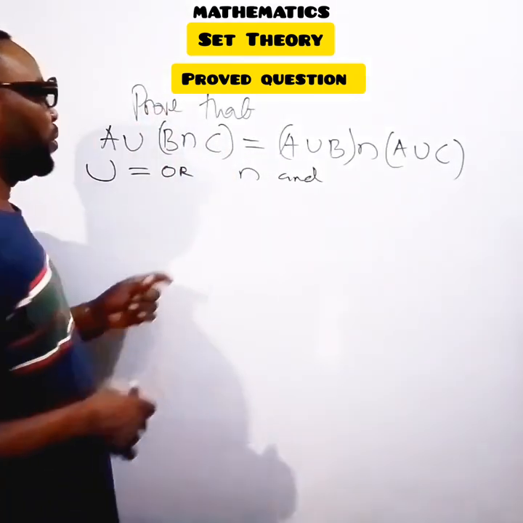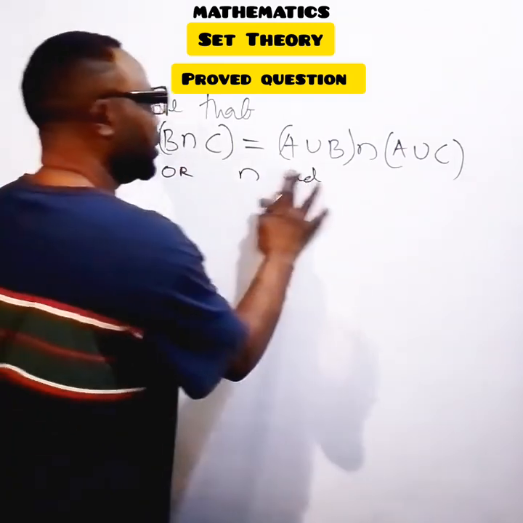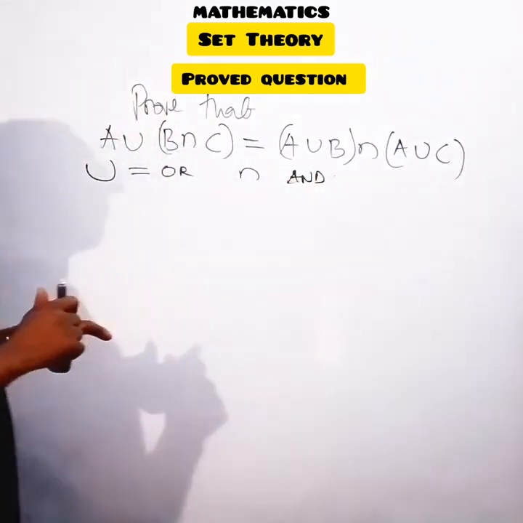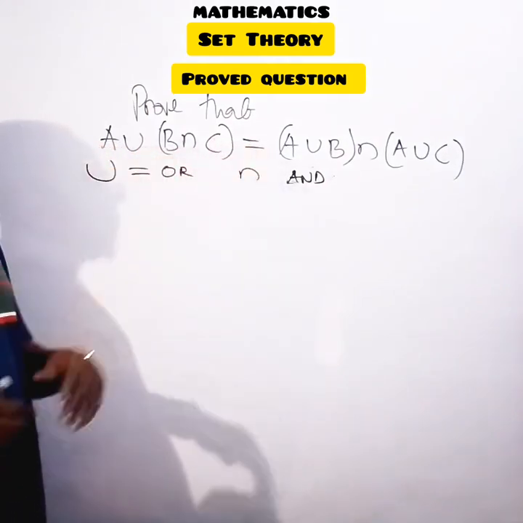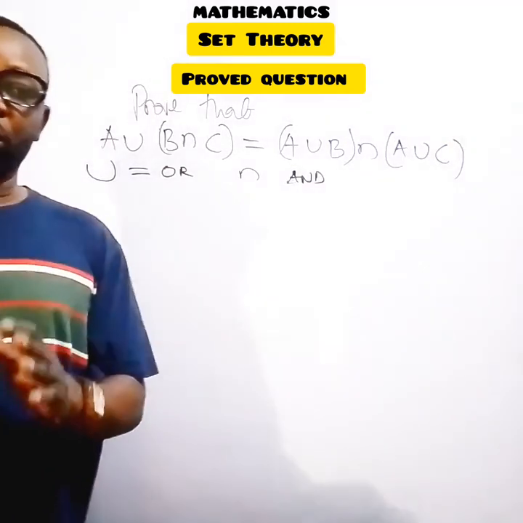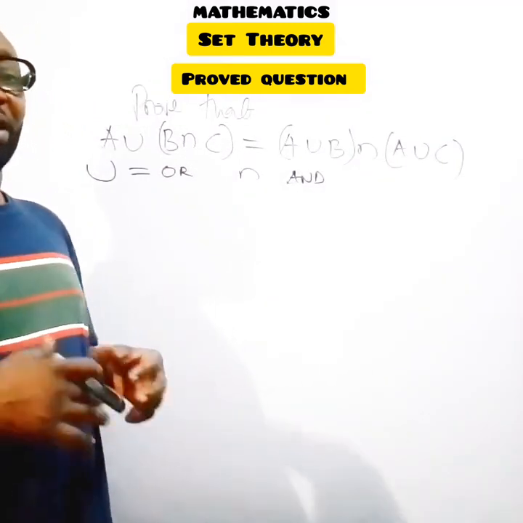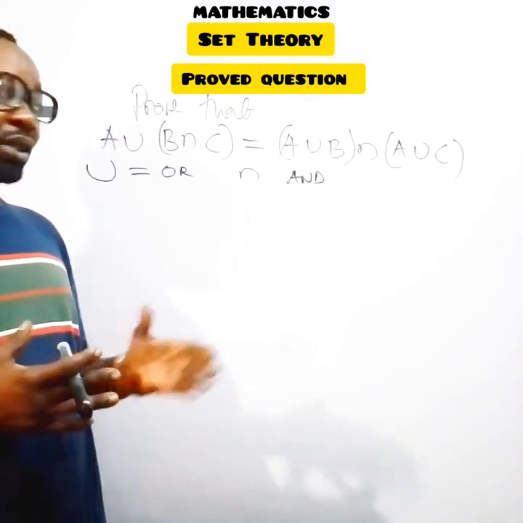Now, we want to start the proof of this expression. We can bring a particular value and let it be a member of this set.